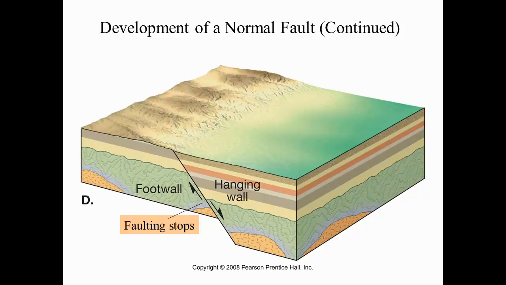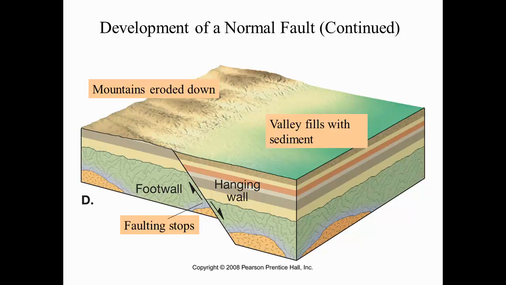Now, eventually, faulting is going to stop. And after the cessation of faulting, erosion takes over on the surface, and over time, the mountains will erode down, whereas the valley will fill with sediment, and eventually the fault trace itself will become buried, covered by sediment.